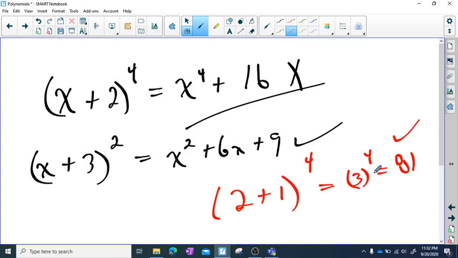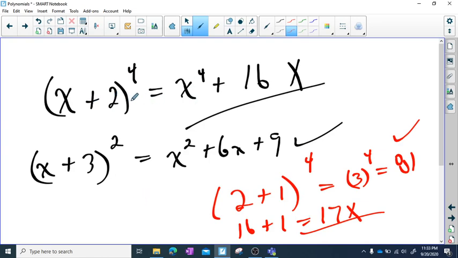I know that the correct answer is 81. If I do what some students want to do, by just raising each of these to the 4th power, 2 to the 4th is 16, 1 to the 4th is 1, you would tell me that the answer is 17, which is incorrect. So there's a counterexample to show you why you can't just raise each of these to the 4th power.